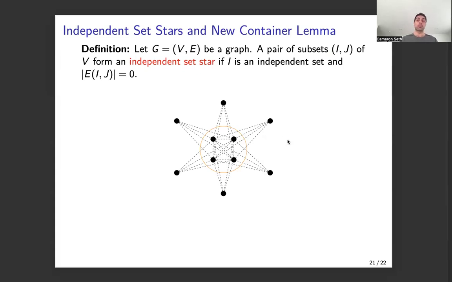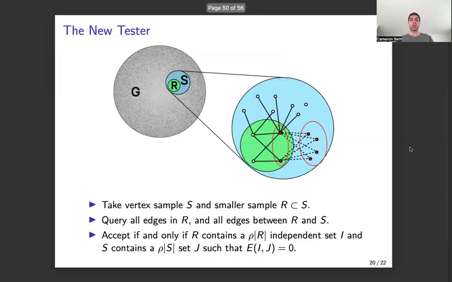And all the vertices around the outside have no edges to anything in the middle. But we don't care about edges between these vertices on the outside. And so this object is actually exactly what we were looking for with our tester. So these are like the inner vertices, the independent set, and these are like the outer vertices of the independent set star.